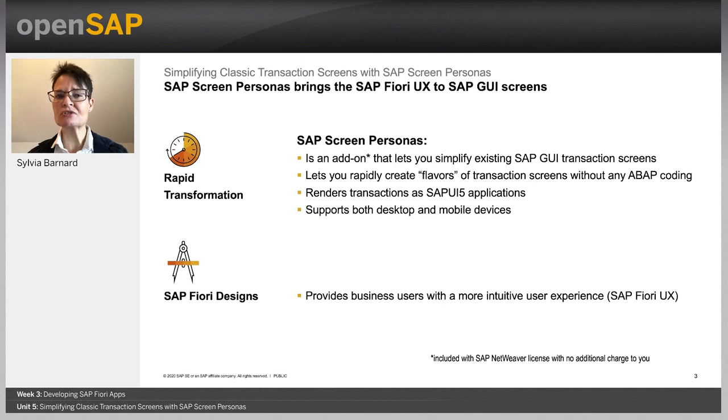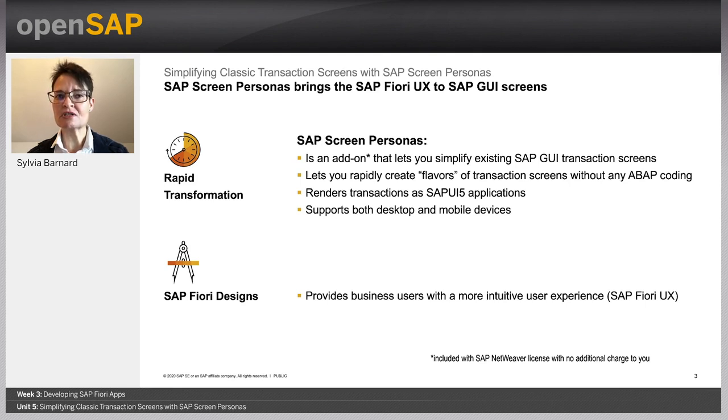You can also create a simplified and a modified version of your transaction screens without the need of ABAP coding. Such a modified version of the transaction screen is called a flavor. It renders your transactions as SAP UI5 applications.